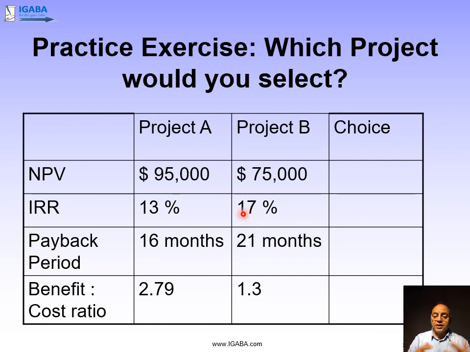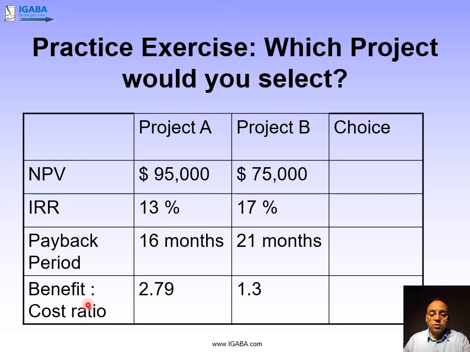Again, I'm just relating the two terms together, but in this exercise, we're thinking about each KPI, key performance indicator, separately. Next, payback period. Do you want the 16-month payback period or the 21-month payback period? Of course, we want the payback period to be as short as possible. So 16 months is better than 21 months.